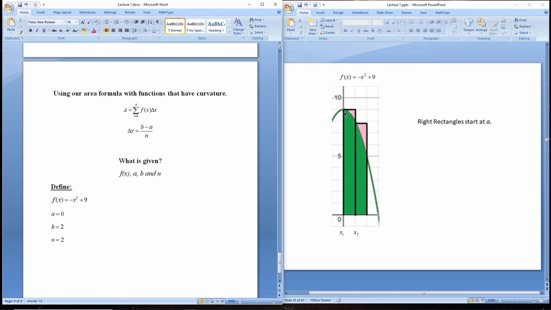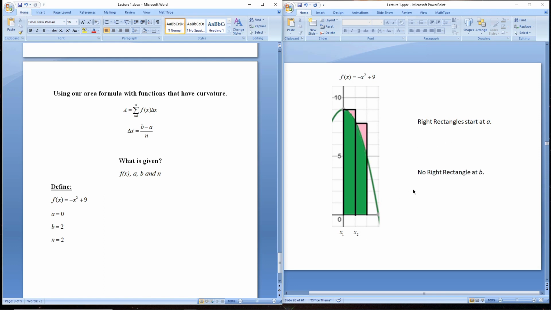Our first line here that forms our right rectangle starts at x1. And our second line that starts the second rectangle is at x2. A challenge for us here is going to be to figure out what these x1 and x2 should be.